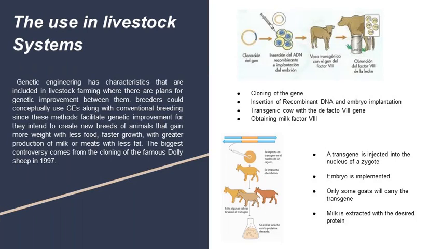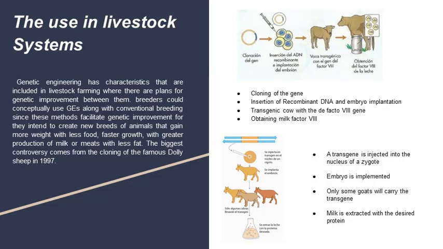The use in livestock systems. Genetic engineering has characteristics that are included in livestock farming, where there are plans for genetic improvement. Used along with conventional breeding science, these methods facilitate genetic improvement to create animals that gain more weight with less food, faster growth, and greater production of milk and meat with less fat.